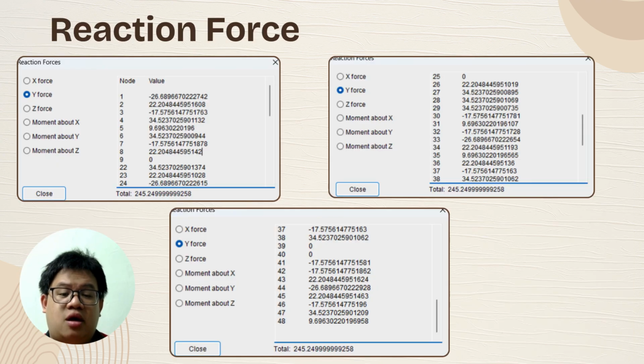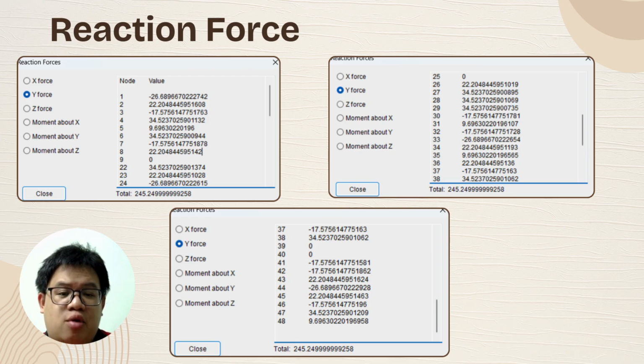So just now was a visual result of our simulation. Now we come to some analytical results for our simulation. For the reaction force, we can see that there are some zero values because we are using coordinates of a square with a center point.